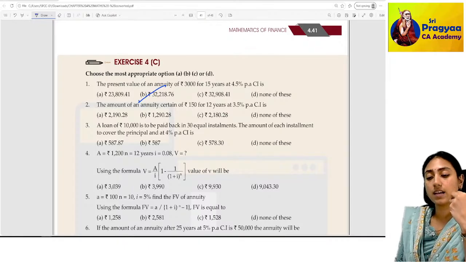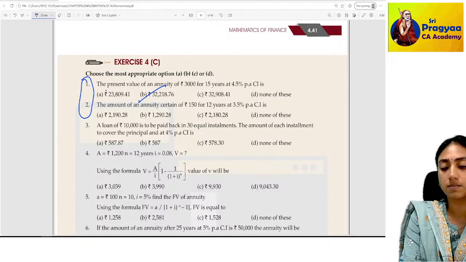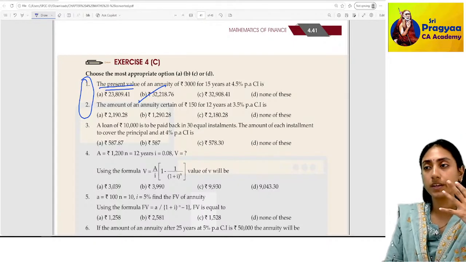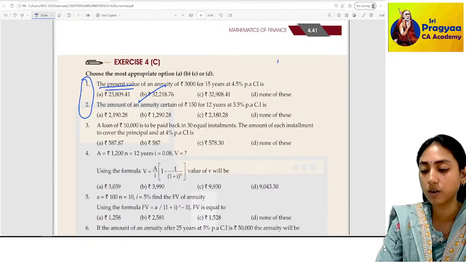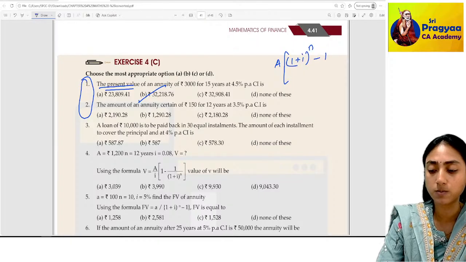So whenever they ask you for present value, in this sum, they have asked you for the present value. So you're finding out the annuity by using the formula A into 1 plus I raised to the power of n minus 1 divided by I. Okay? So you're finding out the annuity value.